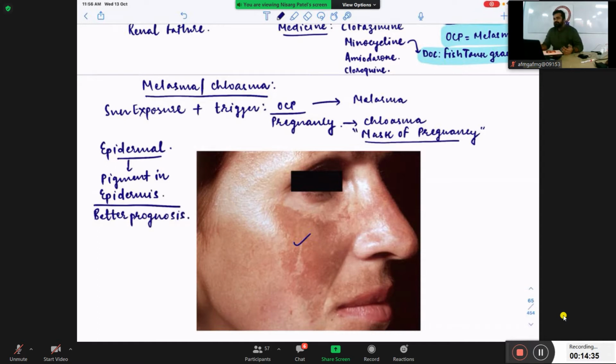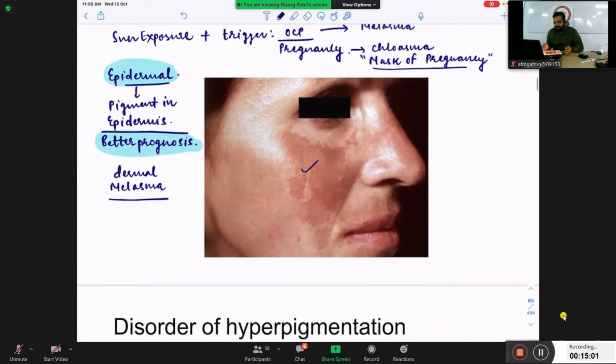The reason is, in this disease, the patient has hyperfunctioning melanocytes. If these hyperfunctioning melanocytes are staining mainly the epidermis, it is epidermal melasma. The second type is dermal melasma.